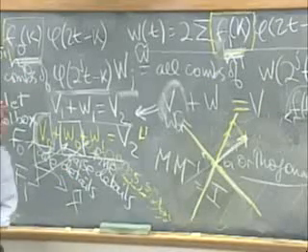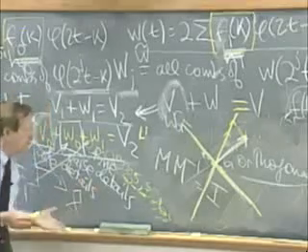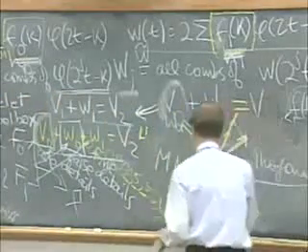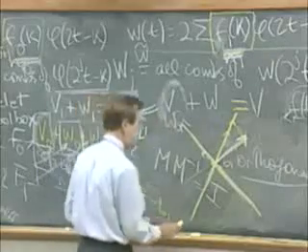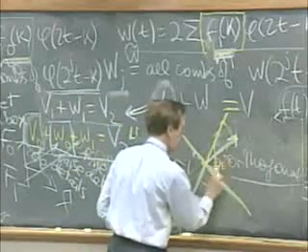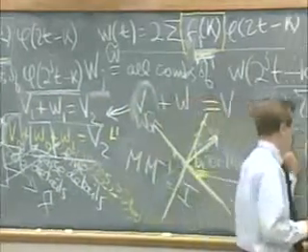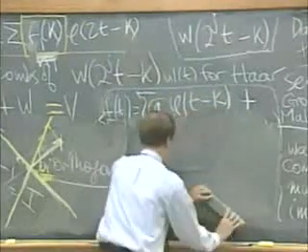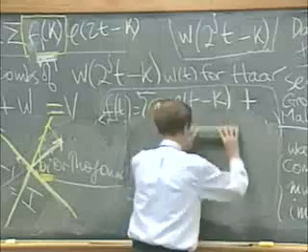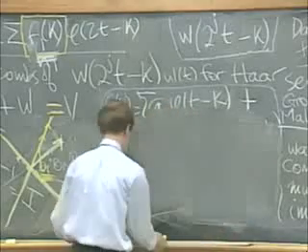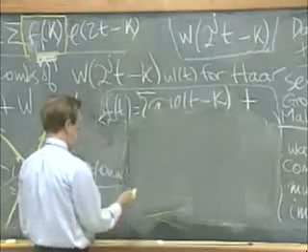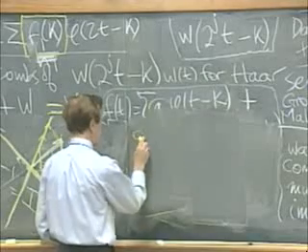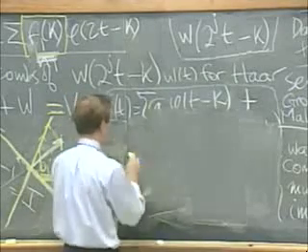What is biorthogonal? Yeah, very good question. That word biorthogonal means that I've got two sets of functions. I'll call them C's and R's.